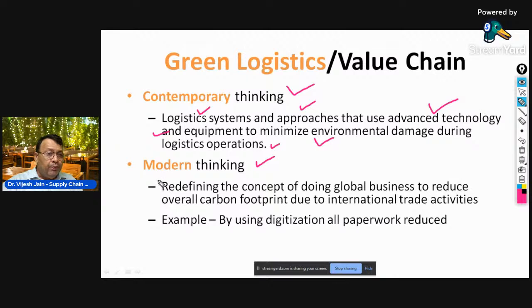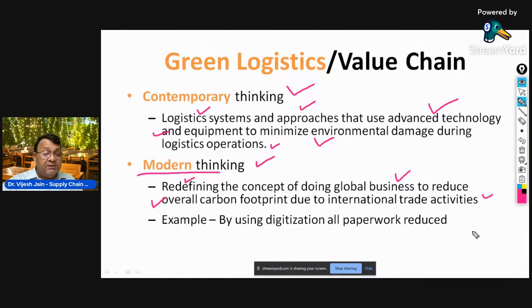Modern thinking is the overhaul of the whole system, which includes redefining the concept of doing global business to reduce the overall carbon footprint due to international trade activities, not just international logistics or international supply chain.